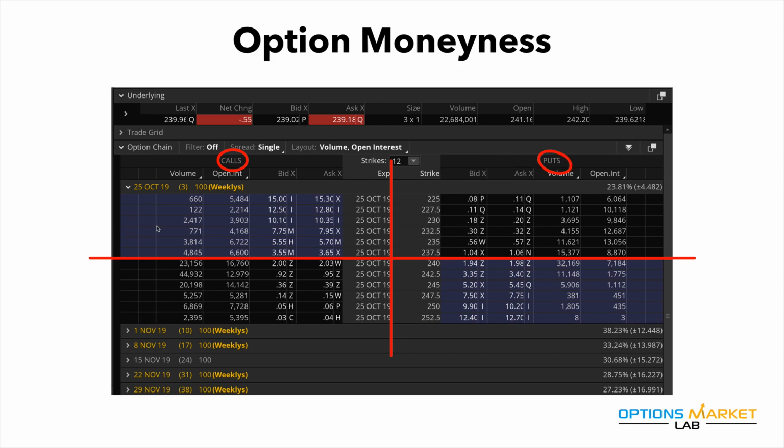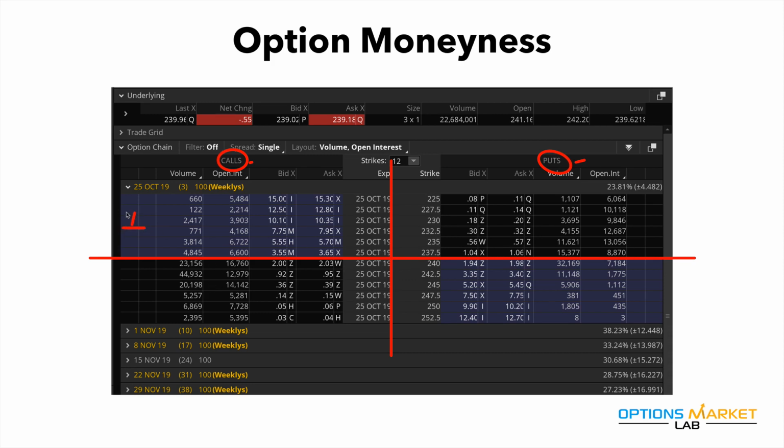Now, you will notice that there is a purple on both sides on calls and puts, but it is a little bit on the opposite side for each side. Now, in the money for calls means that the strike pricing is below the current trading price.